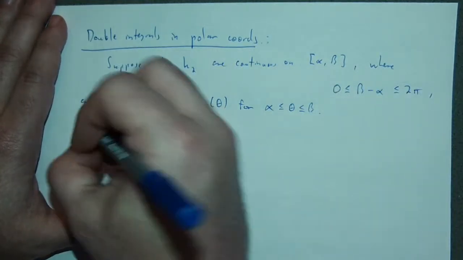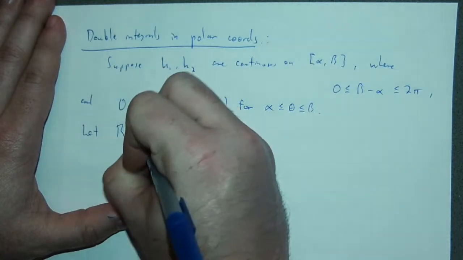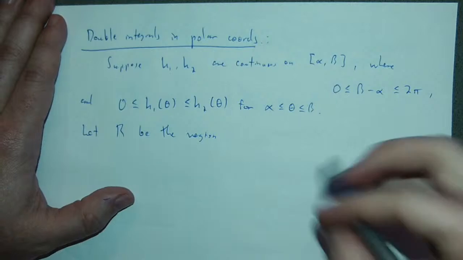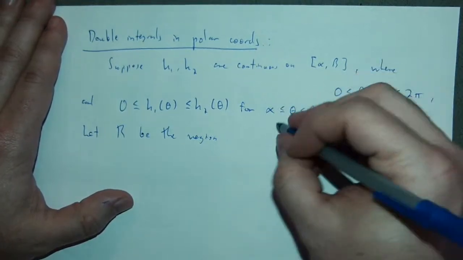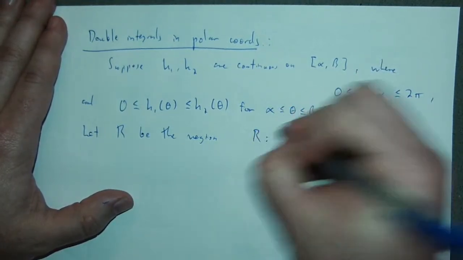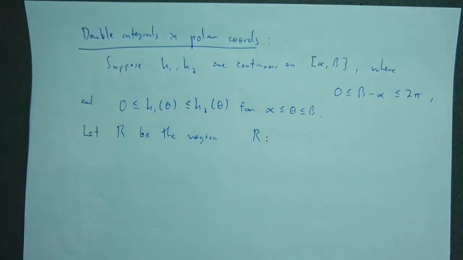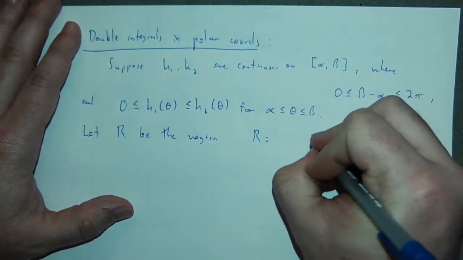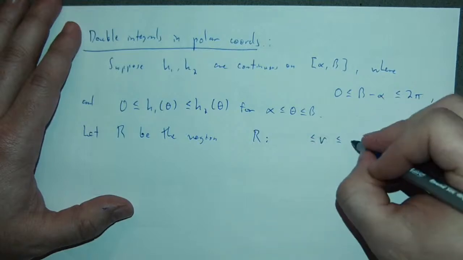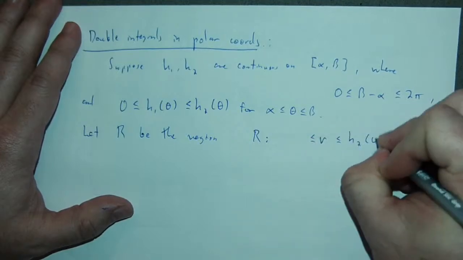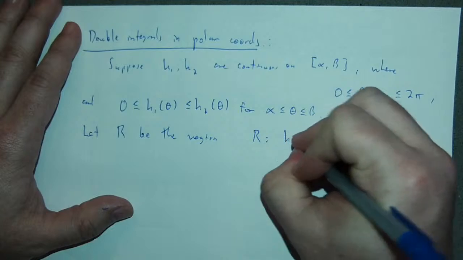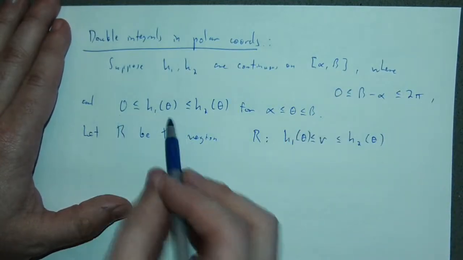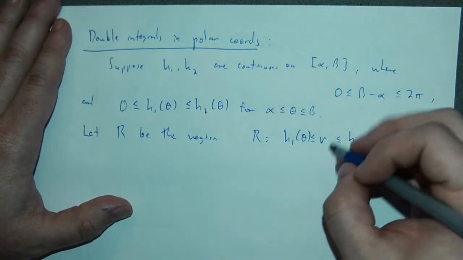Okay, so let R be the region that we wrote before, the region between the polar graphs. So this is little r bounded above by h sub 2 of theta and below by h sub 1 of theta. Now, I've already included this assumption that both of these are non-negative here, so I'm not going to write it again to give myself more room.